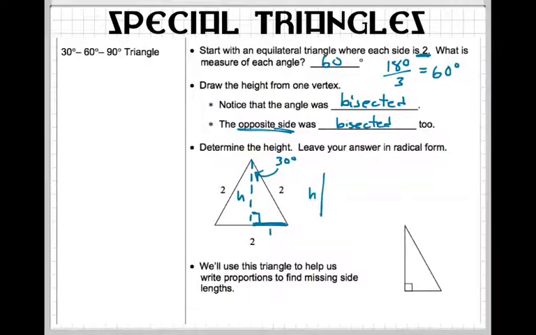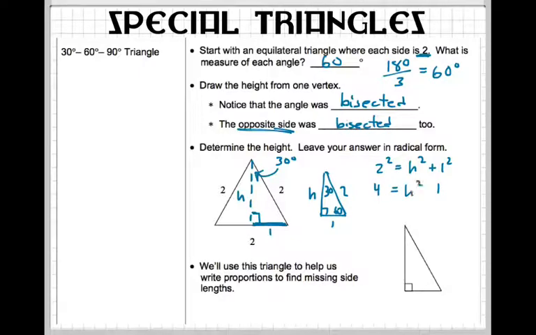So now here, let me draw our triangle that we have. This is the height, this is 2 right there, and this is 1. And we know that this is 30 degrees, this is 90, and this is 60 degrees. So how will we find our missing side right here? We can use the Pythagorean Theorem again. Now this is the hypotenuse, so we're going to say 2 squared equals h squared plus 1 squared. 1 squared is 1, and 2 squared is 4.